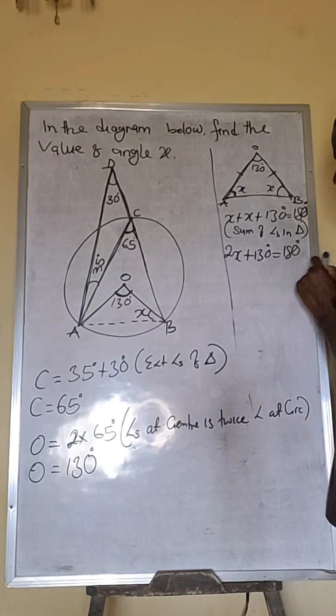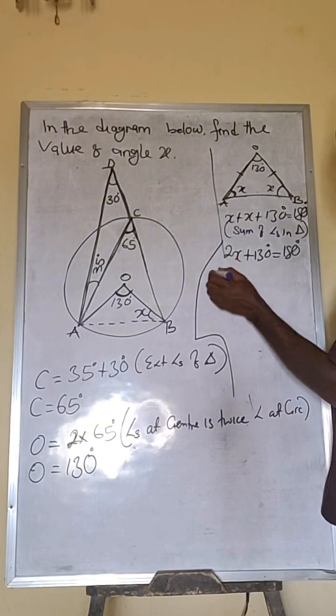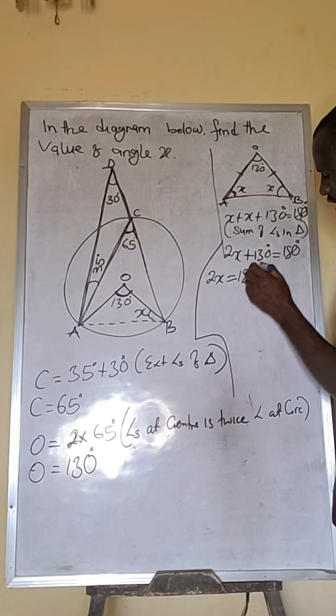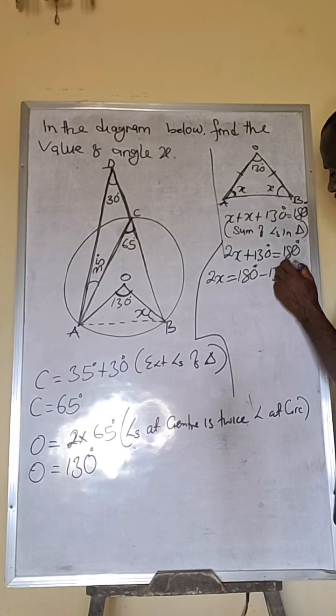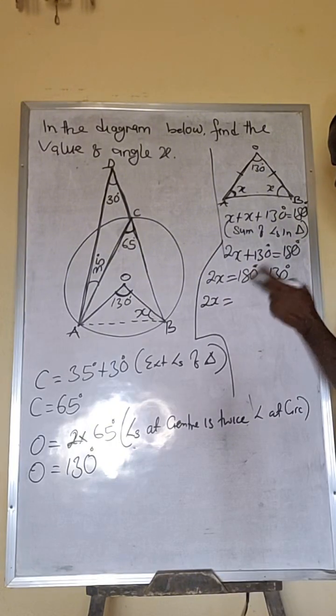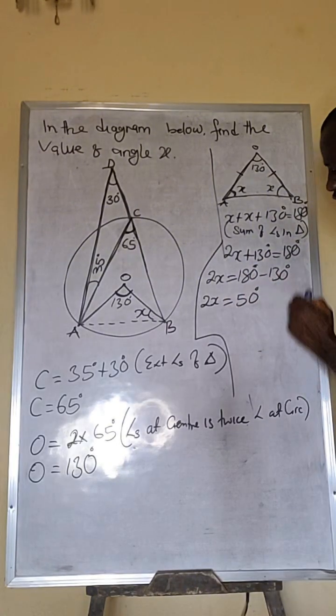We collect like terms from here. So we have 2x is equal to 180 minus 130 degrees, the plus becomes minus when it moves across, which gives us 50 degrees.